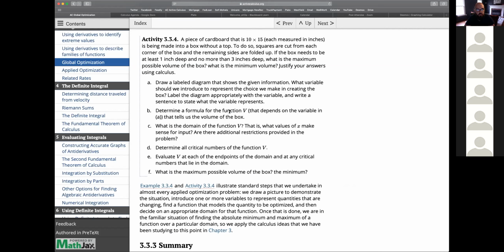Take a moment to read this starting paragraph, and we'll see if we can make some sense out of that.